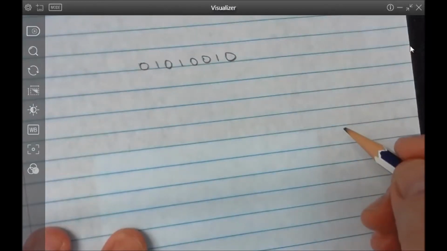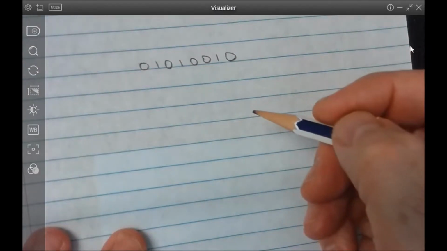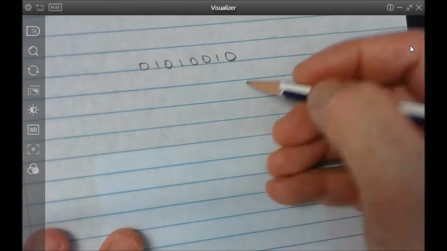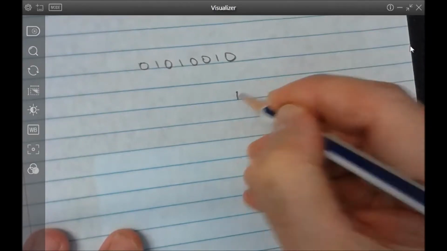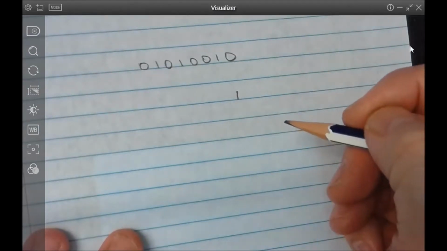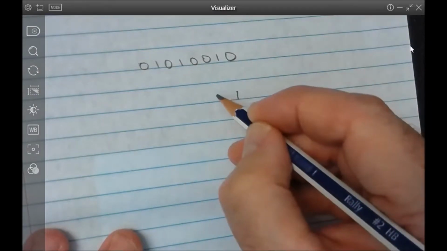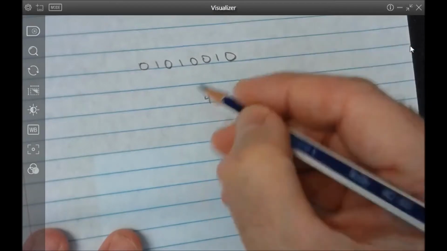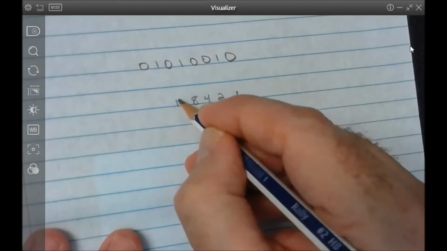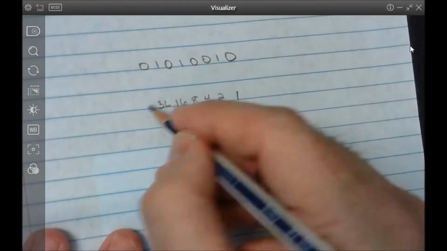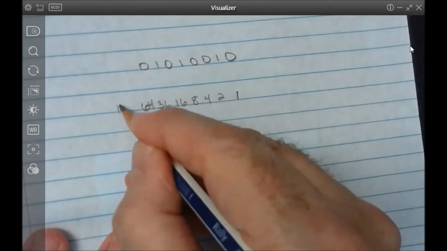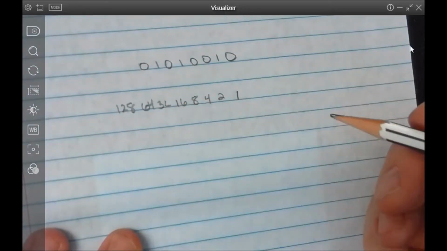The way this works is that each value represents a number of bits that doubles as we move this way. So 1, 2, 4, 8, 16, 32, 64, and 128.